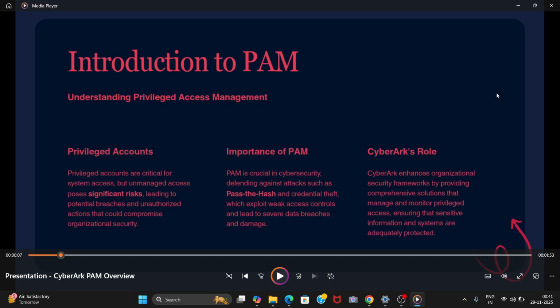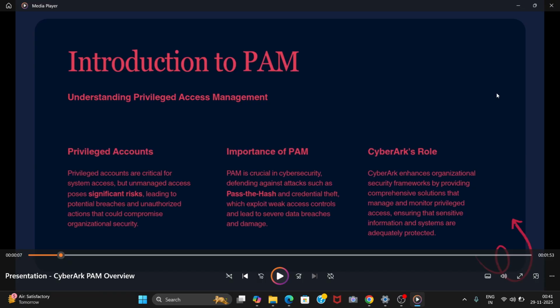We are managing access to the IDs, managing access to the identities, managing access to the persons who are trying to access the privileged accounts, those who are having privileged access.